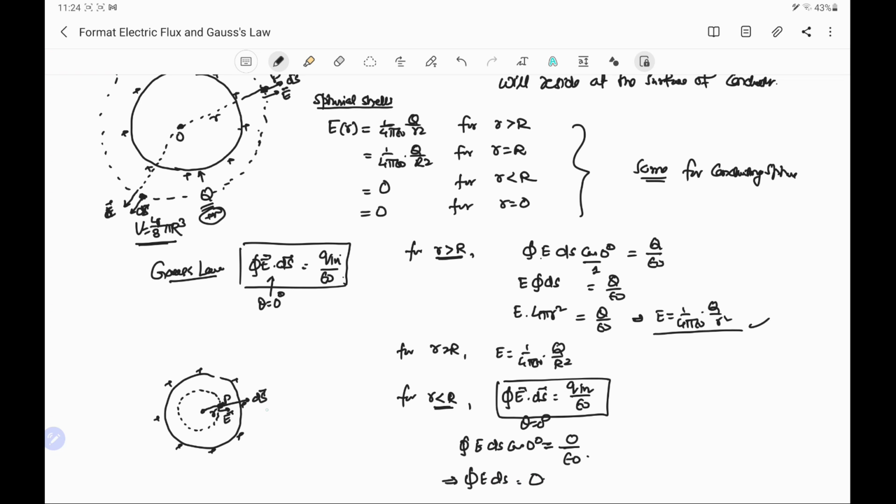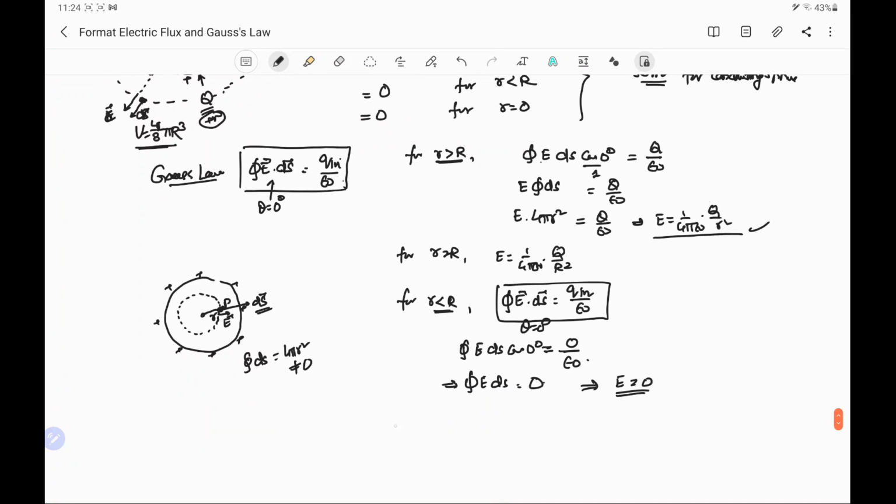And because integral ds for the whole enclosed surface is 4 pi r square, which is not a zero quantity, this implies that the electric field will be 0 at a point inside the conducting sphere. In the same way, for r equal to 0, that is at the center, because the field at all points inside is 0, the field at the center will also be 0.